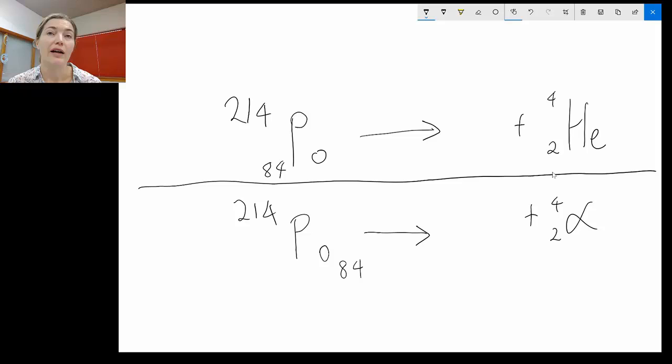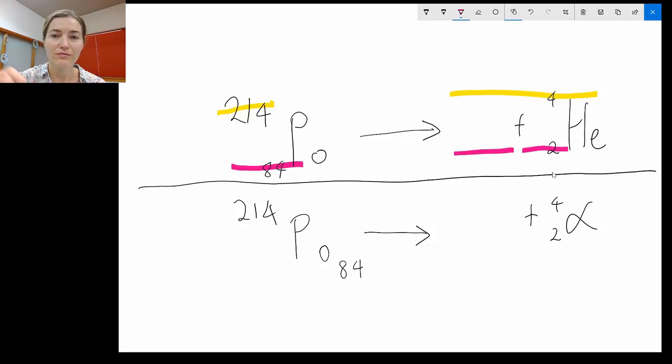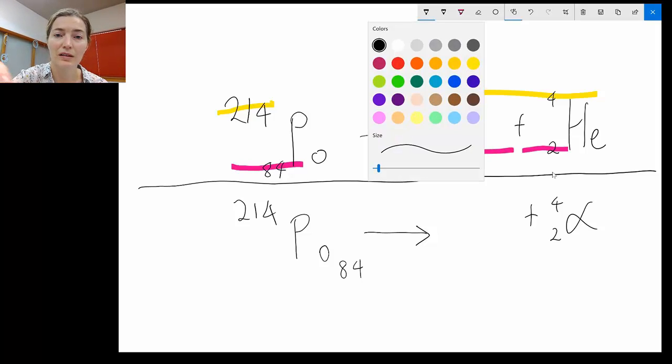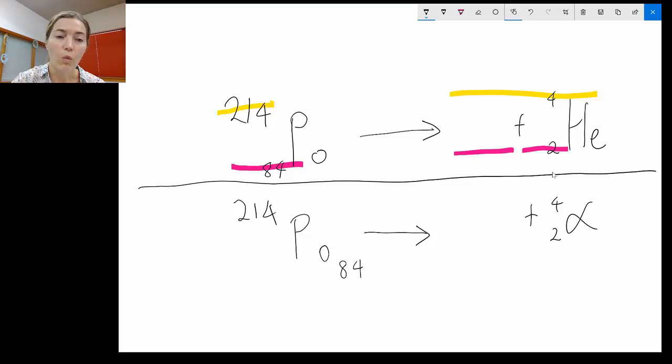Now what we need to figure out is, if this is the mother, what is the daughter going to look like when there's alpha decay? So basically we just need to make sure this whole row adds up and this whole row adds up. What I mean by that is which element is going to fill in this gap in here.